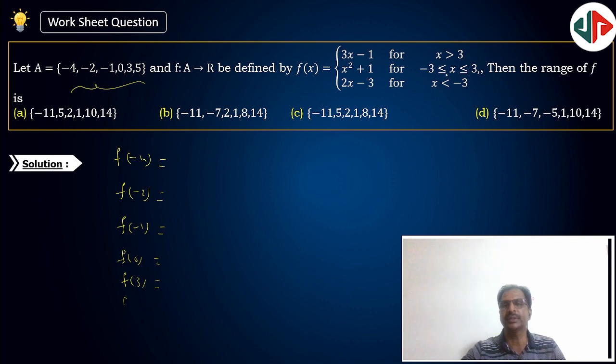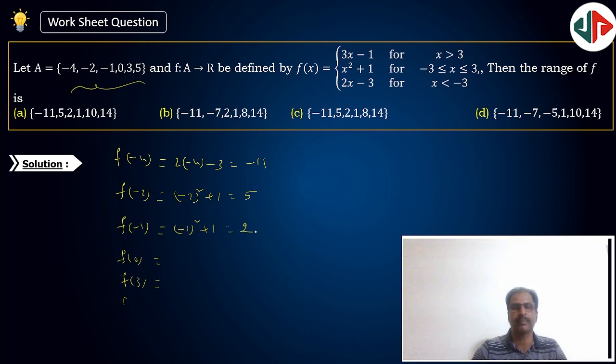Minus 4 lies in which interval? Last interval. So 2 into x minus 3, which is minus 11. F of minus 2: minus 2 lies in the second interval. So minus 2 whole square plus 1, which is 5. F of minus 1: minus 1 lies again in the second interval. So minus 1 whole square plus 1, which is 2. F of 0, second interval: 0 square plus 1, 1.